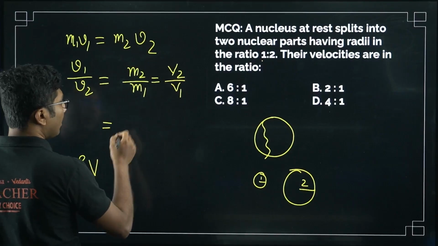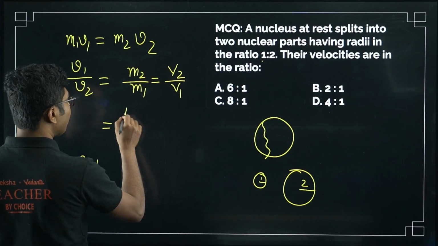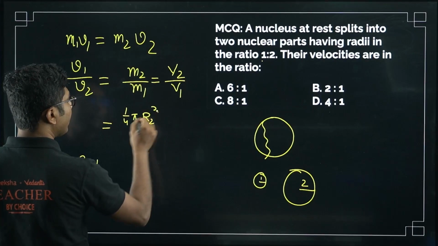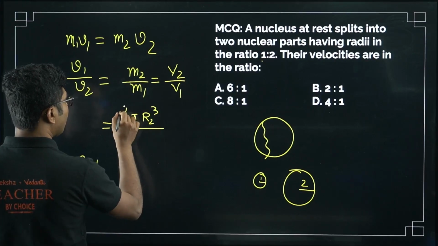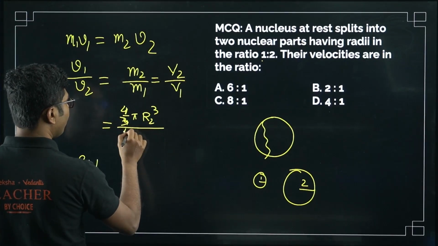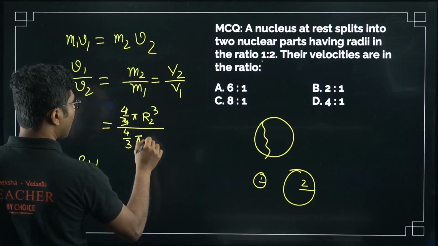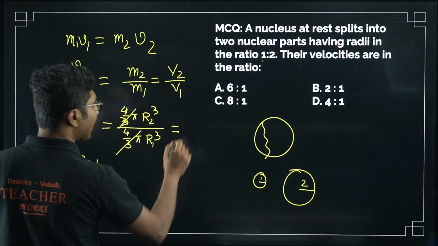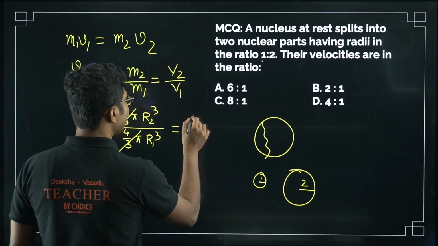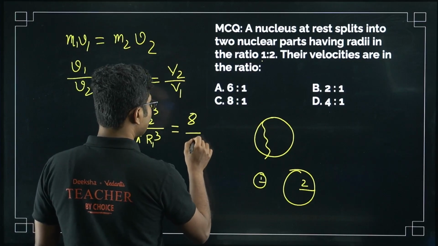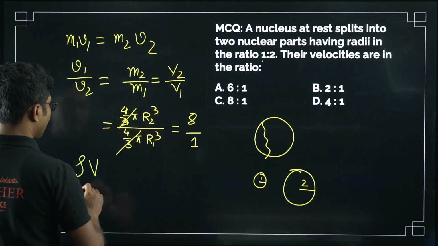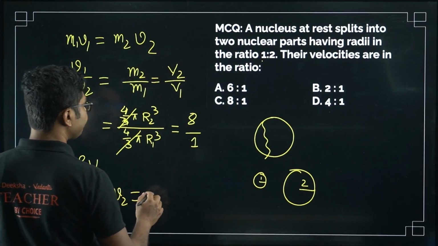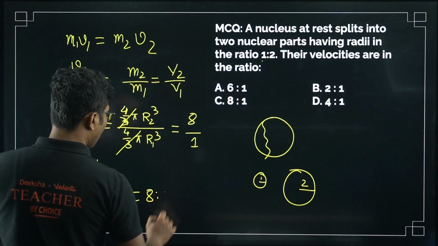Now if you write the volume, it will be 4/3 pi R2 cube divided by 4/3 pi R1 cube. 4/3 pi cancels. R2 is 2, so 2 cubed is 8, and R1 is 1, so 1 cubed is 1. So their velocity ratio V1 to V2 will be 8 to 1.